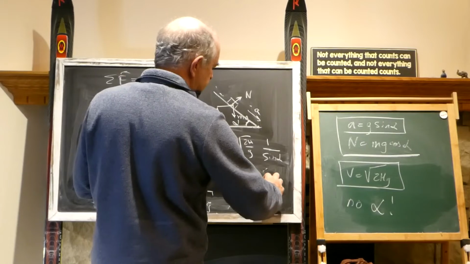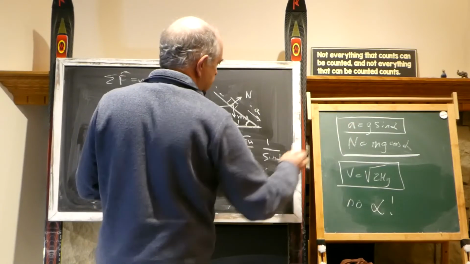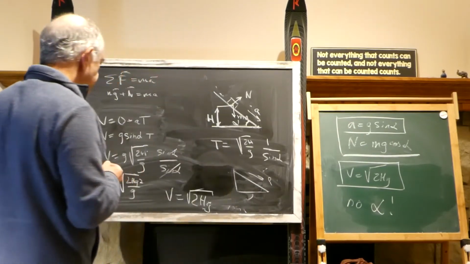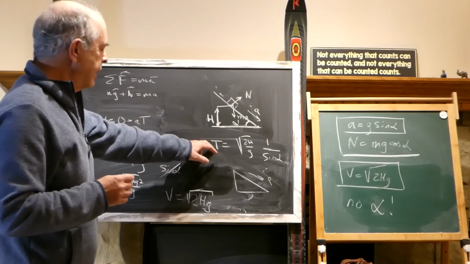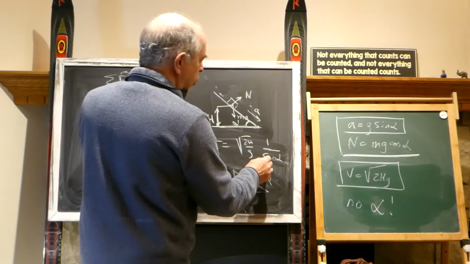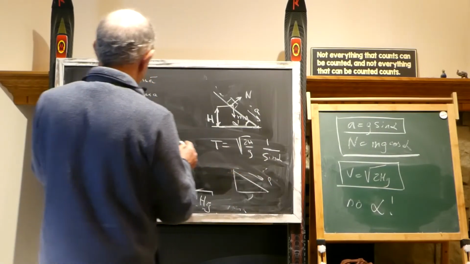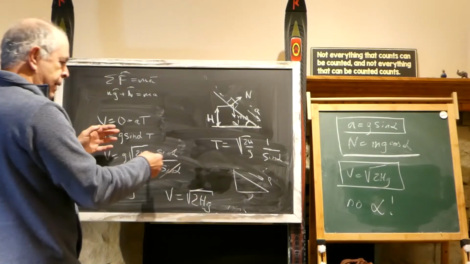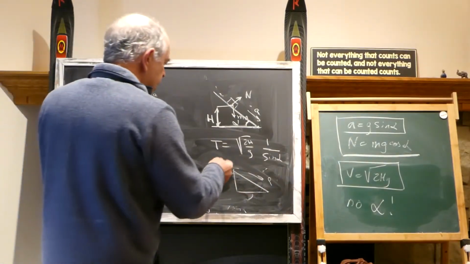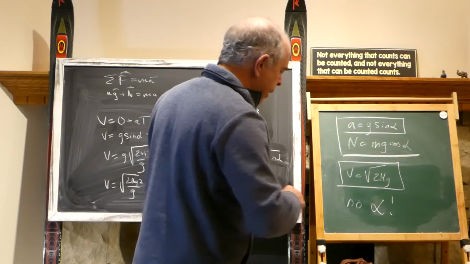If alpha becomes smaller and smaller, acceleration becomes smaller, but time becomes bigger, and time is inversely proportional to sine alpha, but acceleration is directly proportional to sine alpha. That's why they cancel each other out and the speed becomes the same.